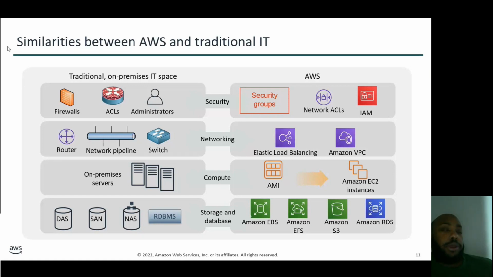Talking about databases and storage, we saw how we talked about hard disks before. You could attach your hard disk to your EC2 using Amazon EBS. There's also Amazon EFS, which is elastic file storage, where you could share file-based storage between different EC2 instances.